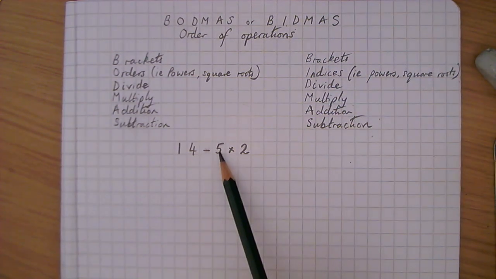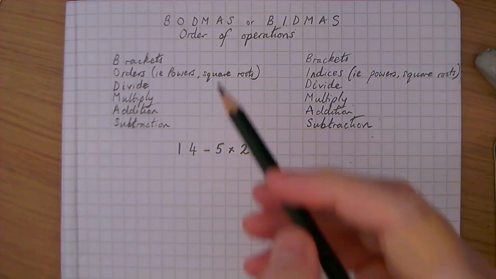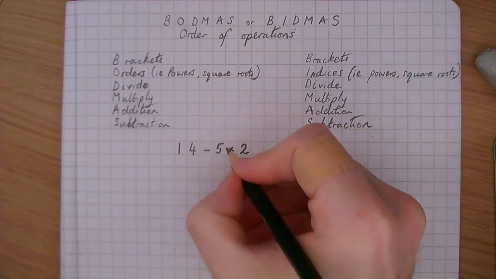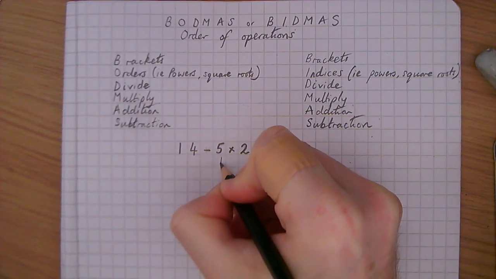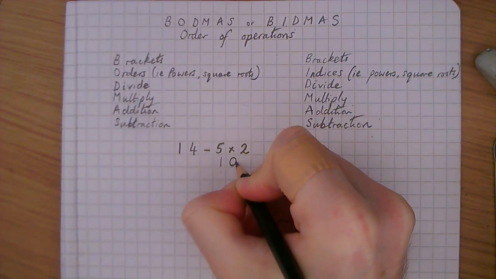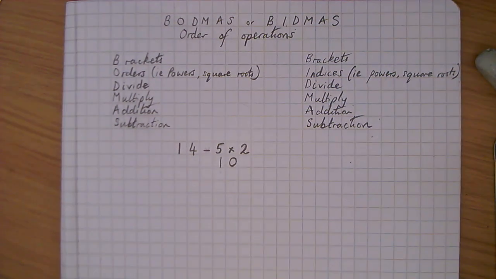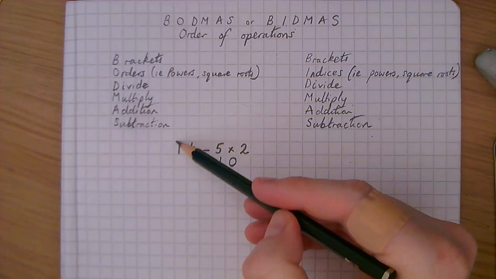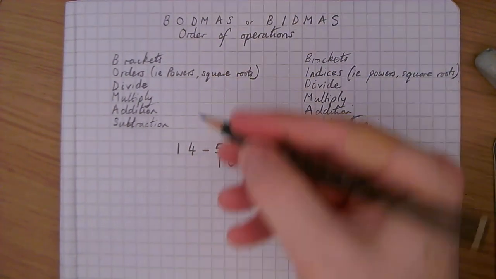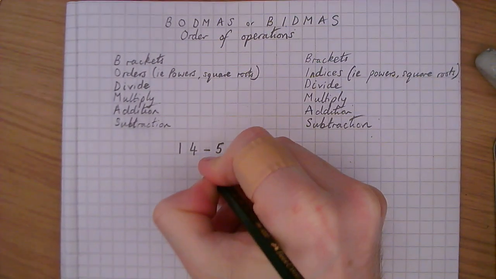So the first thing we do is 5 times 2, and I'm going to write 10 below, because 5 times 2 is 10. Once I've done my calculation, all the numbers and operations that I haven't done just move down to the next line.